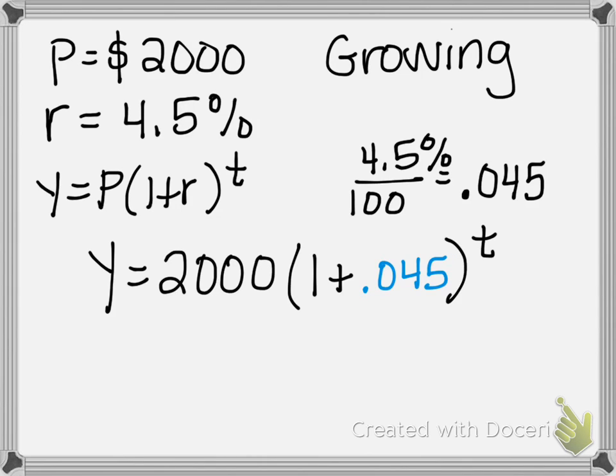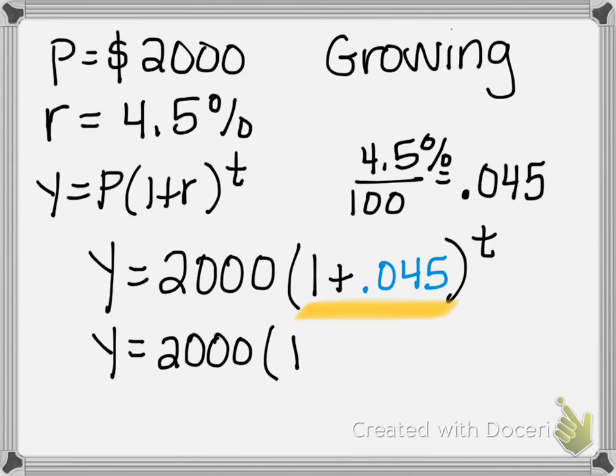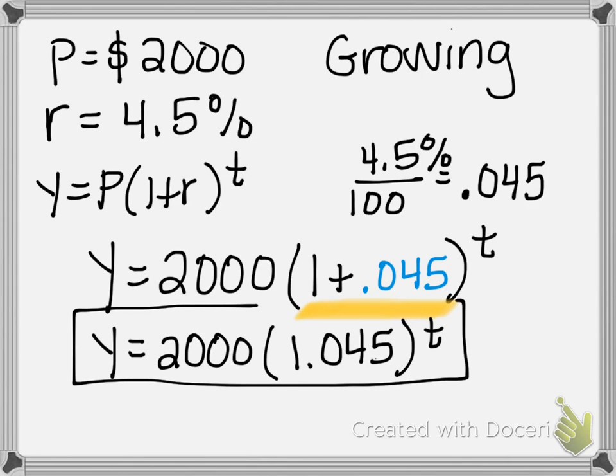And I'm going to add my base and get one number. So when I add that base, I get y equals 2,000, and my base is now going to be 1.045 raised to t. That is the model for that equation. Okay? So just keep that in mind.